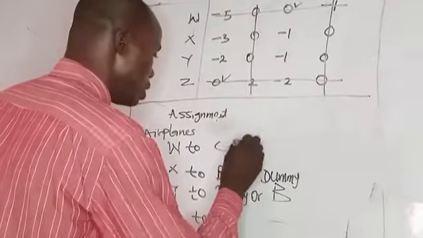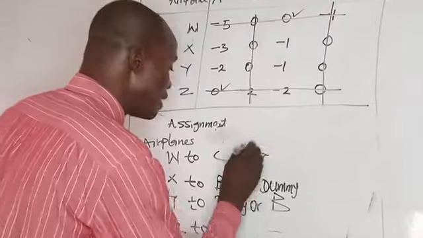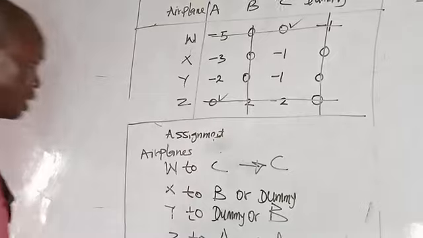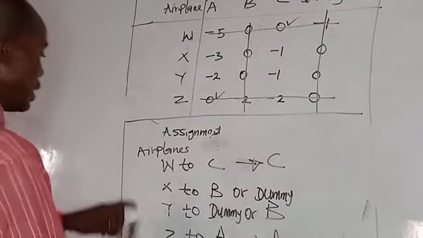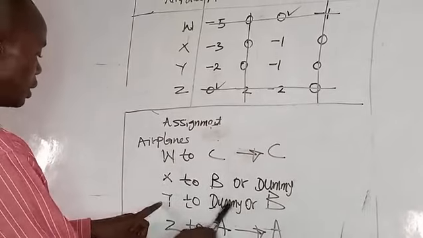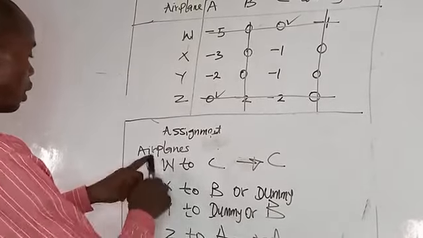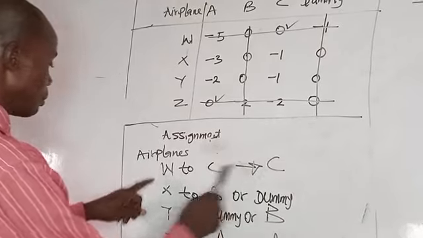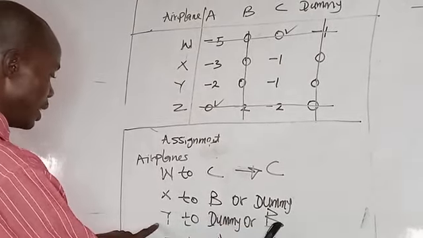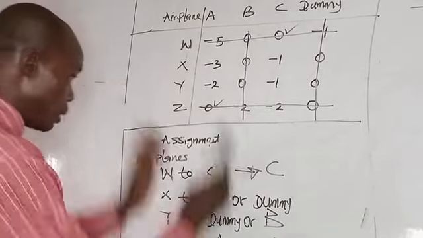So W has been assigned to C and Z to A. These are the possible assignments: W to C, X to B, Y to dummy, Z to A. Or W to C, X to dummy, Y to B, and Z to A.